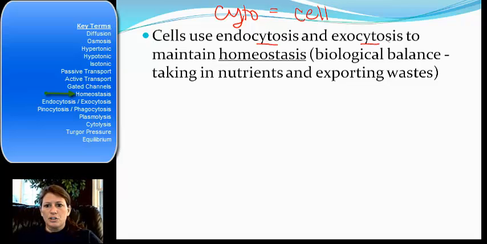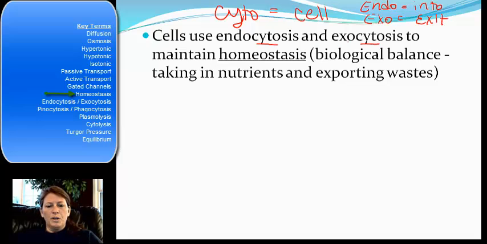Now, if I have the term endo as my prefix, that means into, to enter, okay? And exo means to exit. Okay, so if you just know how to break down the terms, you can figure out what this means. Okay, so cells are going to use these two processes. Things are going to move in and move out.